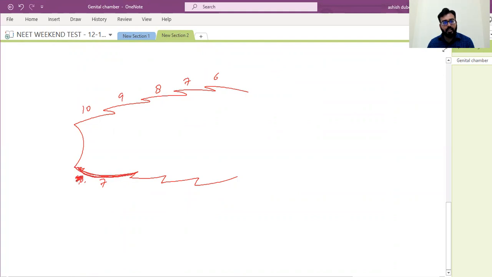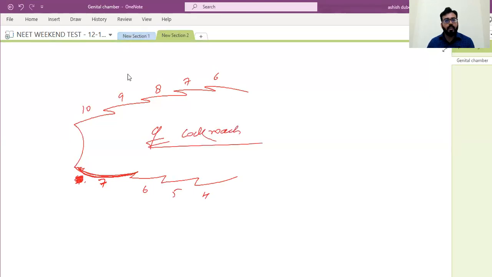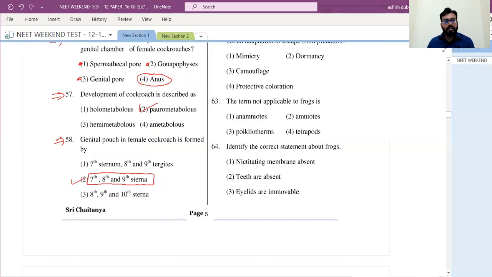So the 9th and 8th are not existing separately. The 7th is the ventral sclerite or sternite there. Then 6th, 5th, and 4th. So this is in case of female cockroach. The 7th, 8th, and 9th sternites are fused together to form the genital pouch.